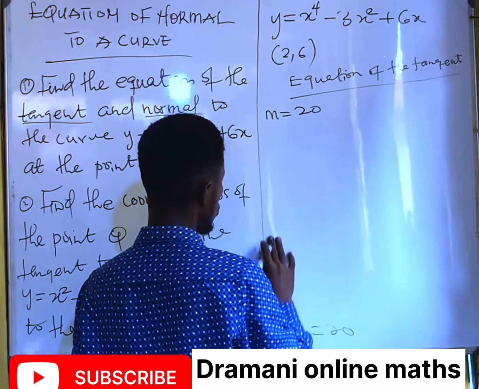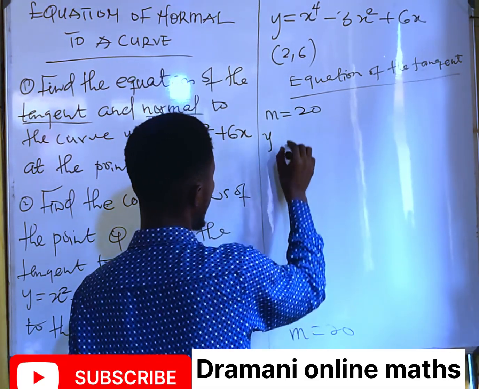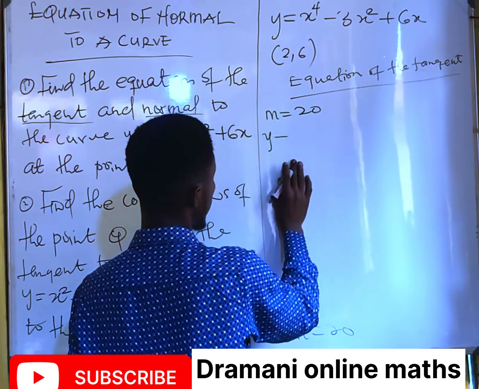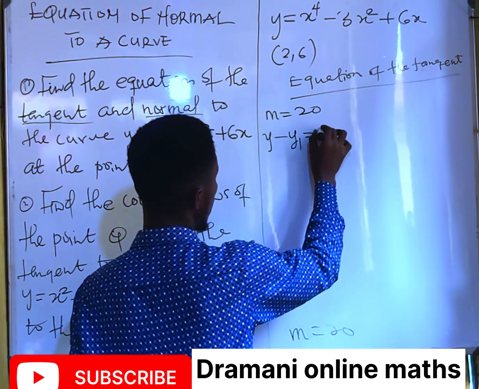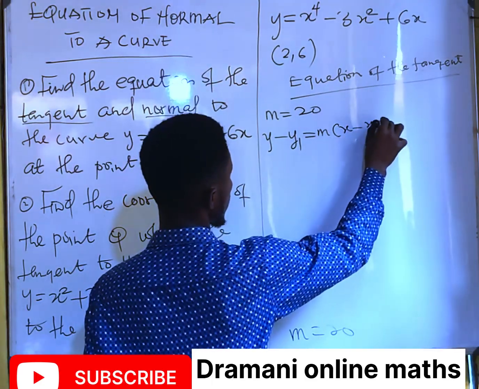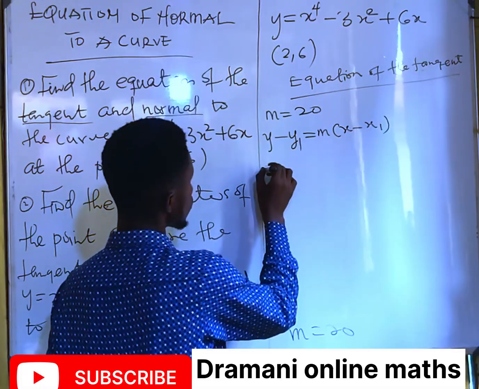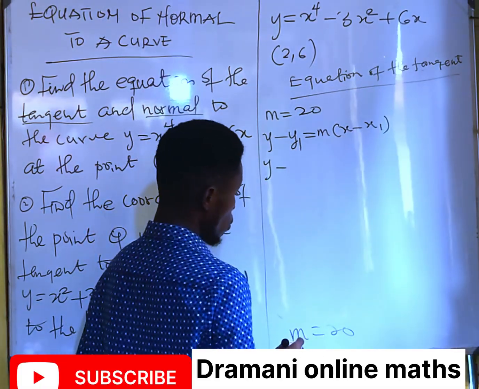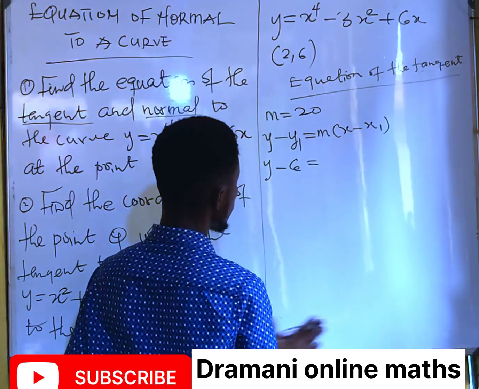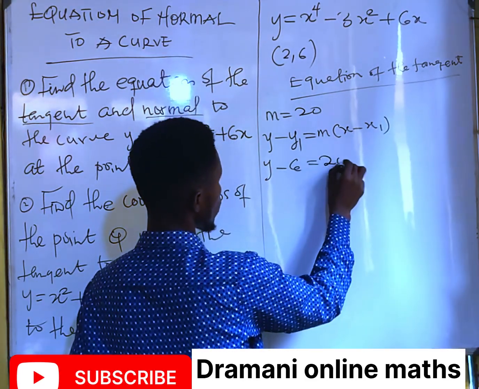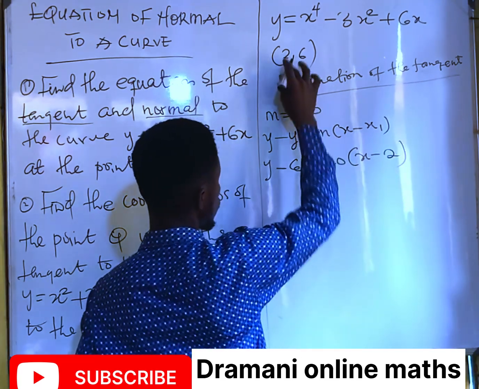So here it is going to be y minus y1 equals m times x minus x1. When it comes to the tangent, you maintain the gradient, you won't do anything to it. So I have y minus y1, y1 will be 6, equals the gradient, which is 20, times x minus 2, since x is 2.